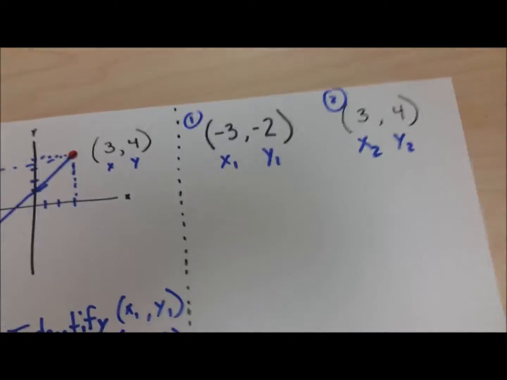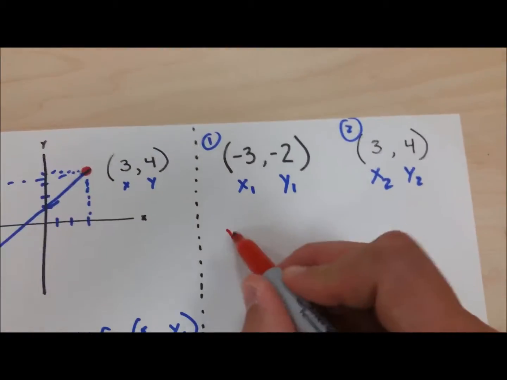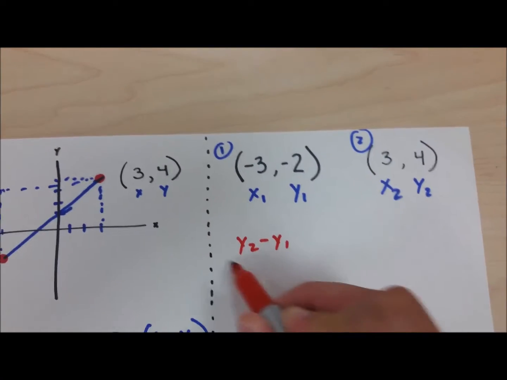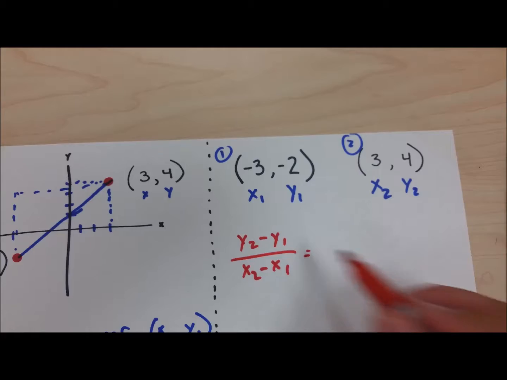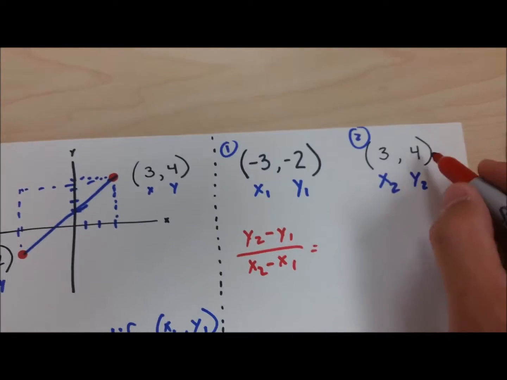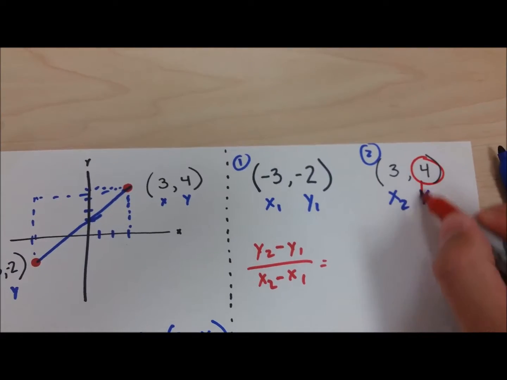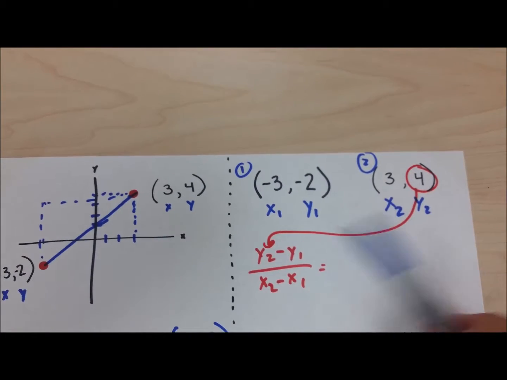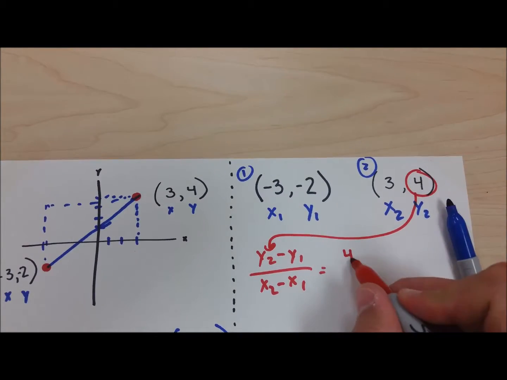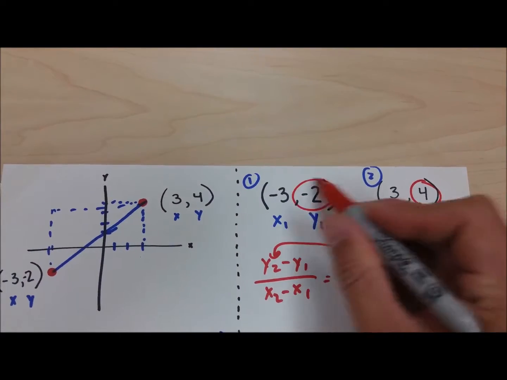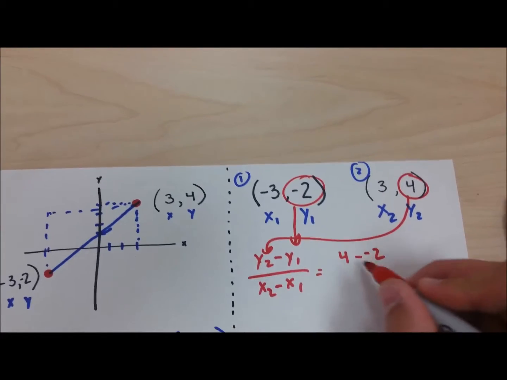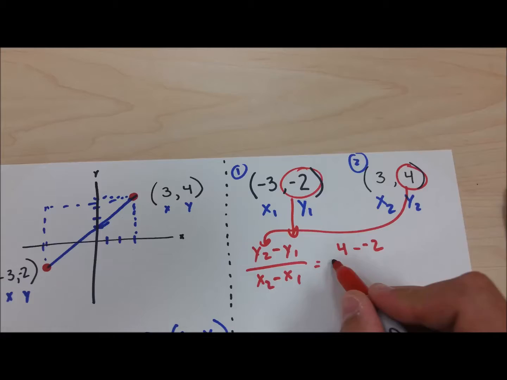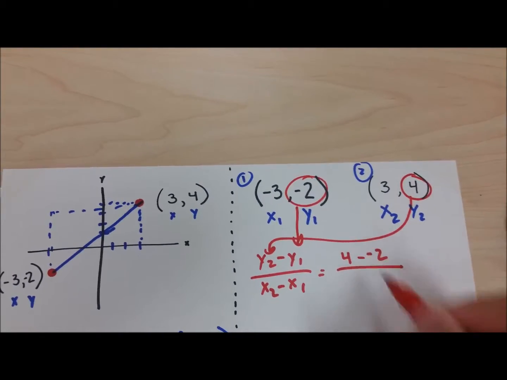We're going to use our points now. Remember, it's y2 minus y1 over x2 minus x1. We're going to fill in what points we have. So we have our y2 right here, and we're going to plug that in for our y2 down in our bottom problem. So we have a 4 minus a y1, which is here, minus -2. Just remember that. We're always subtracting up here.